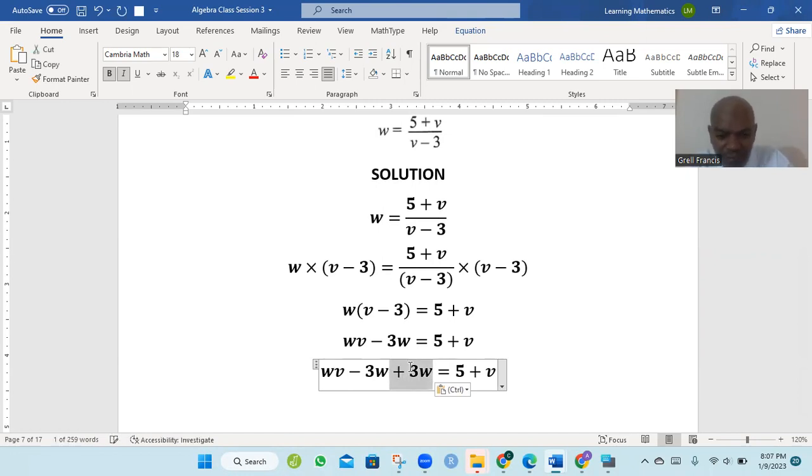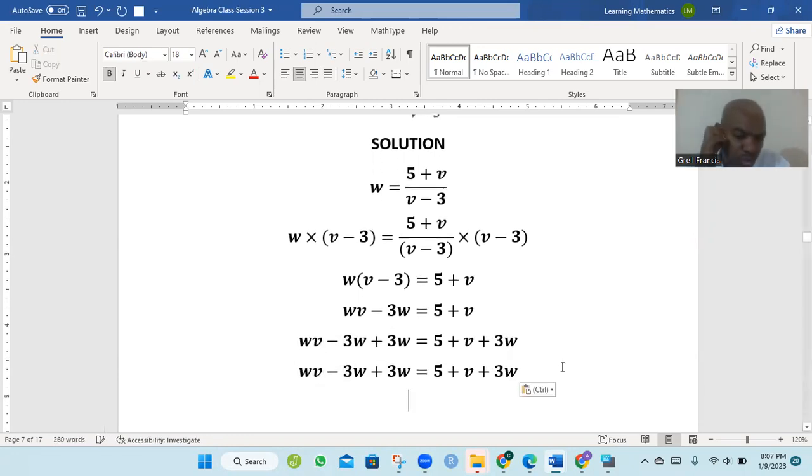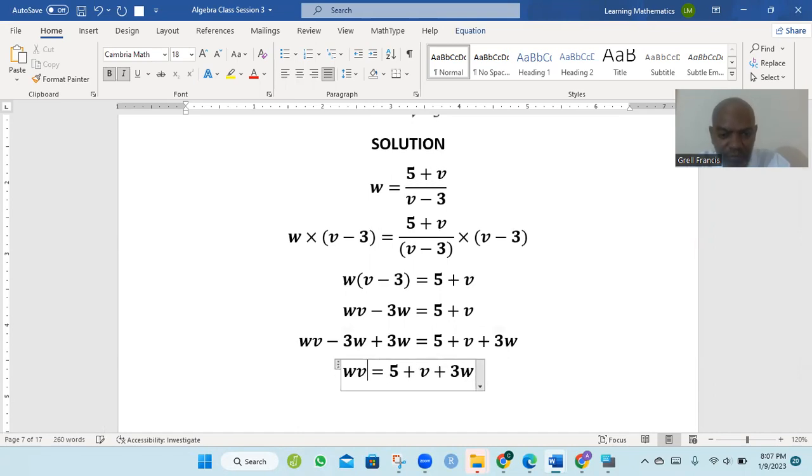And if we add 3W on the left, we have to add 3W on the right. So please copy this down. So therefore now, negative 3W plus 3W means that 3W cancels out from the left.